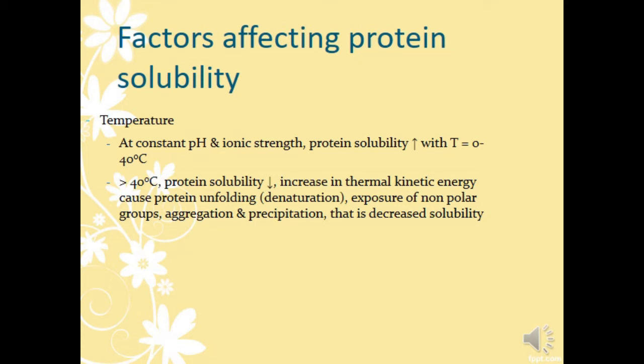And why is this so? Denaturation. Remember, denaturation occurs at high temperature, and also in water in the presence of a denaturant. So therefore protein solubility increases as temperature increases, but only up to 40 degrees Celsius.